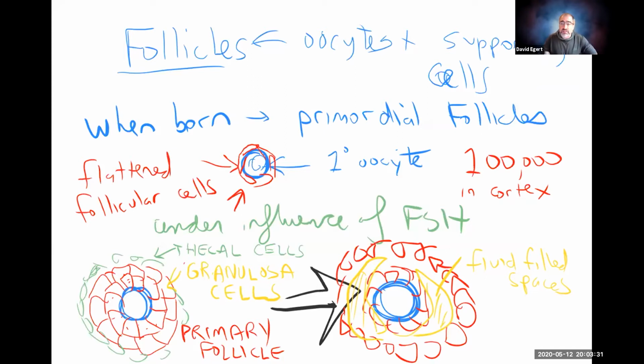So it's not just a solid ball of cells. It's actually starting to fill with this fluid in there, in between the cells. This is now called a secondary follicle.